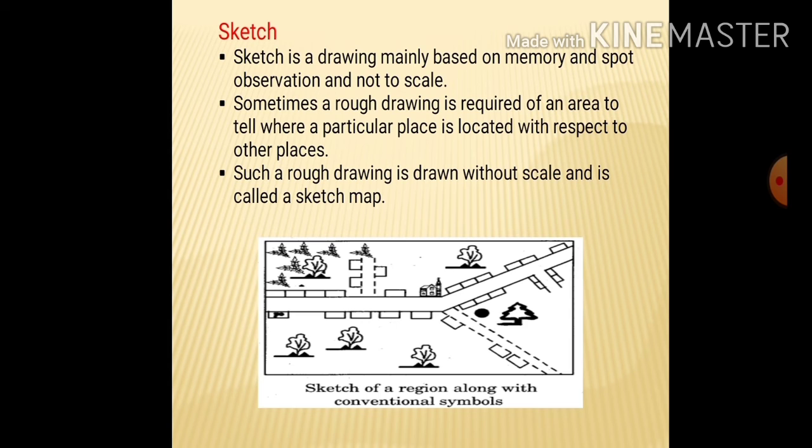We memorize places. If you want to tell an address to your friend, you don't measure the distance, but approximately, by your memory, you give the address. Sometimes a rough drawing is required for an area to tell where a particular place is located with respect to other places. Such a rough drawing, drawn without scale, is called a sketch map.